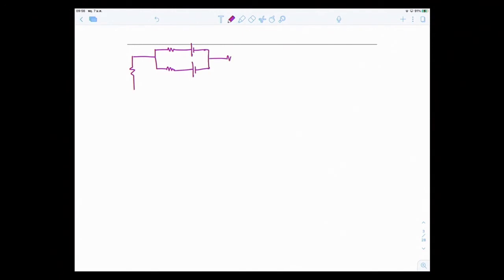I thought it's simple, and it can be used to show how to do the source transformation. So you have this circuit, and the question was to find I. What's I?